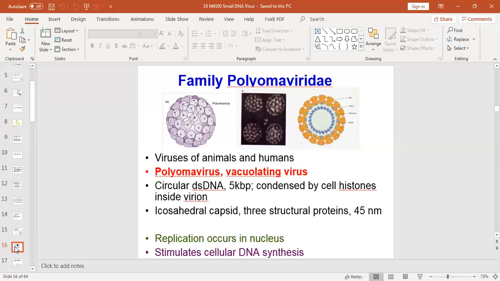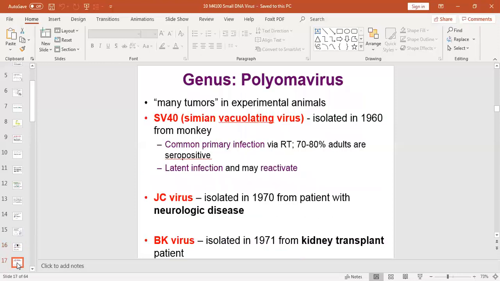They have 3 structural proteins, and the size is 45 nanometer. Replication of these viruses occurs in the nucleus, and once the viral replication initiates, that also stimulates host cell DNA synthesis as well. Moving to slide number 17.